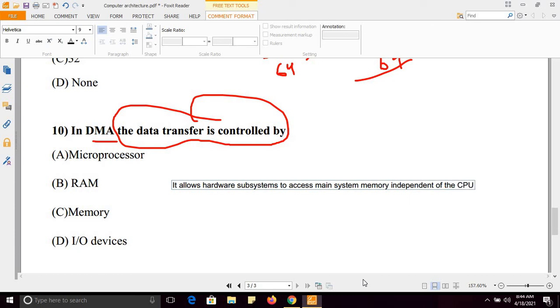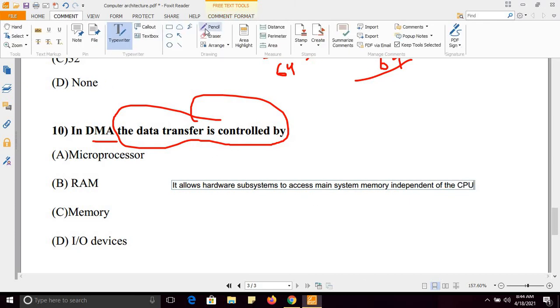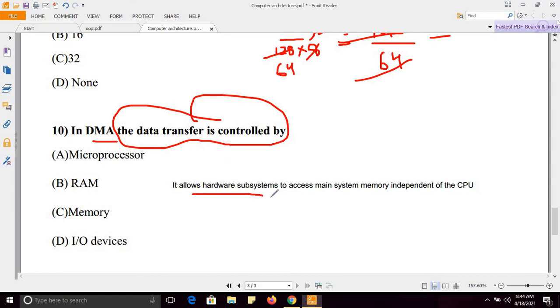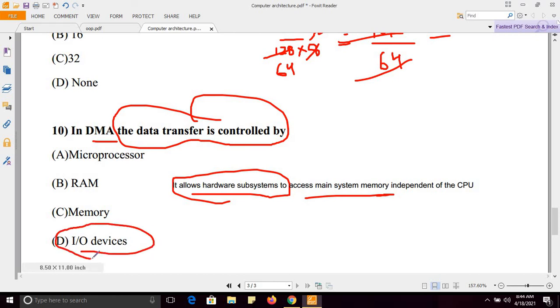From the definition, it is clearly mentioned that it allows hardware subsystems to access main system memory. So the right answer is input output devices. In DMA, the data transfer is controlled by input output devices.